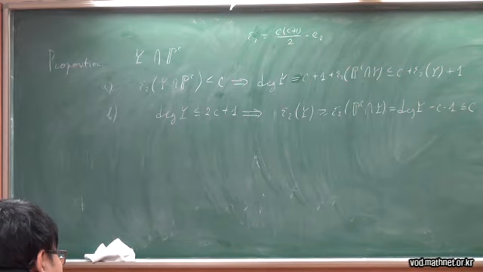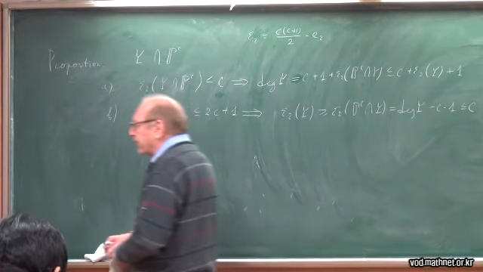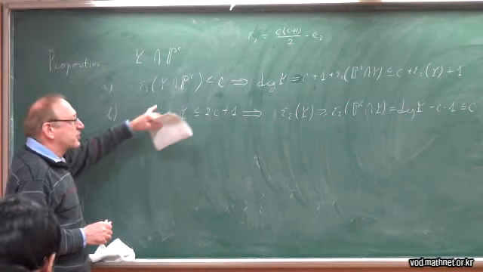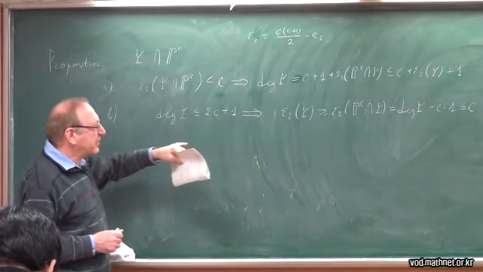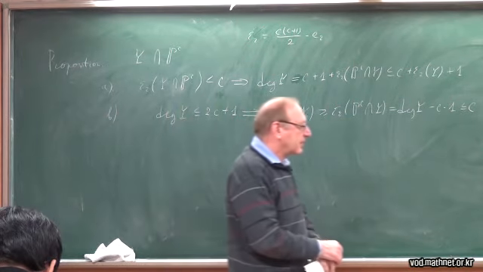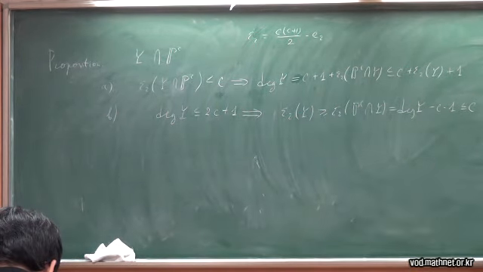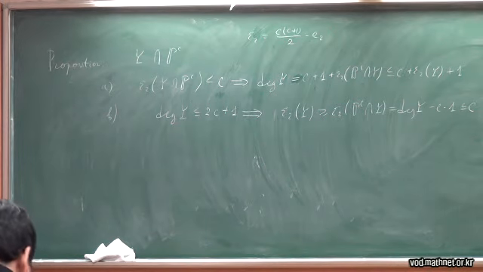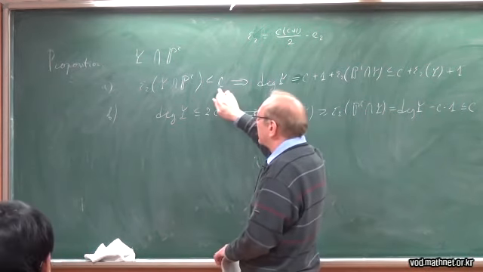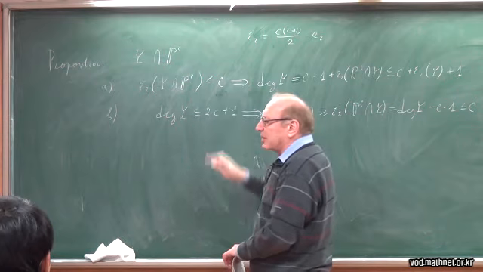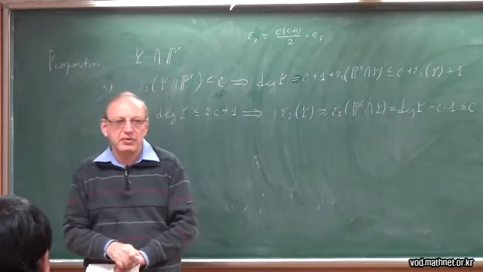So let me explain once more. If we knew that all linear sections of y are linearly normal, then we get equality here and equality here. So we know exactly what is the degree of a variety with many quadratic equations, as soon as the number of quadratic equations satisfies this restriction, that it differs from the maximal one by at most codimension.